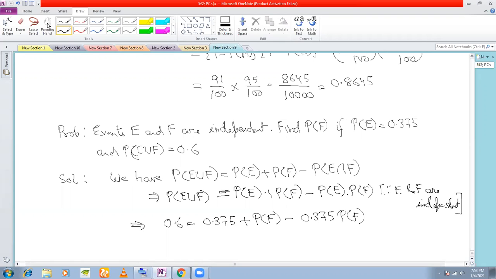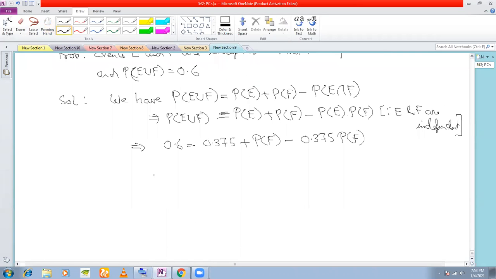Now you can solve for PF very easily from here. So that means 0.6 minus 0.375 is equal to, take PF common, PF into 1 minus 0.375. 0.6 minus 0.375 is 0.225, equal to, how much is 1 minus 0.375?